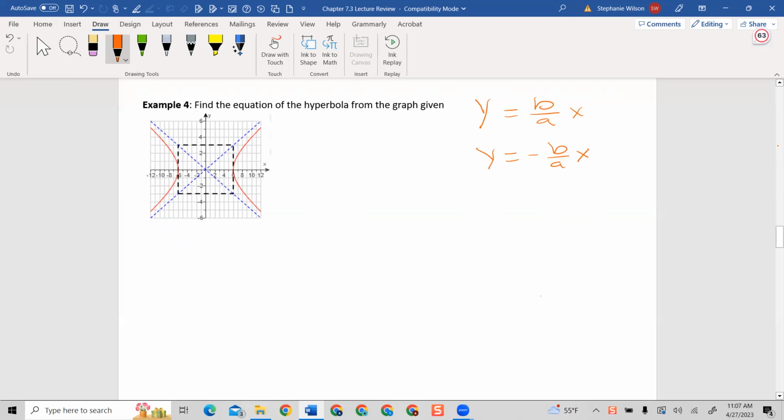So this is going to give me my slope-intercept form, right? We know x squared over a squared, because it's centered at the origin, which is 0, 0 right here. So h is 0 and k is 0. So we know we have this to work with.